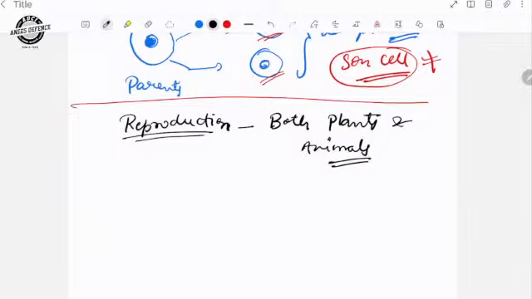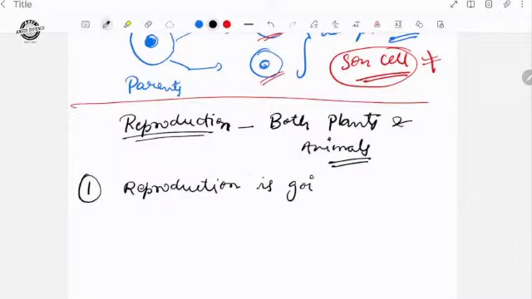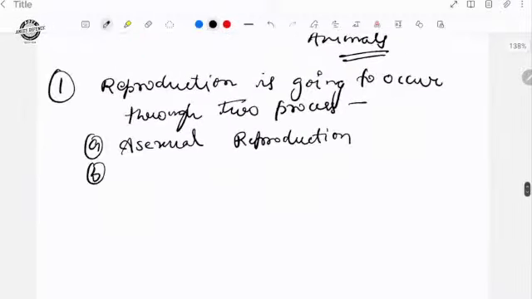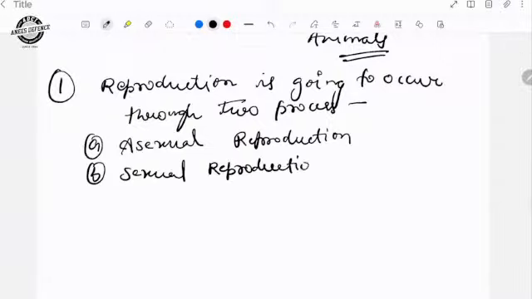One by one, let us see. Reproduction occurs through two processes. The first is asexual reproduction, and the second is sexual reproduction.